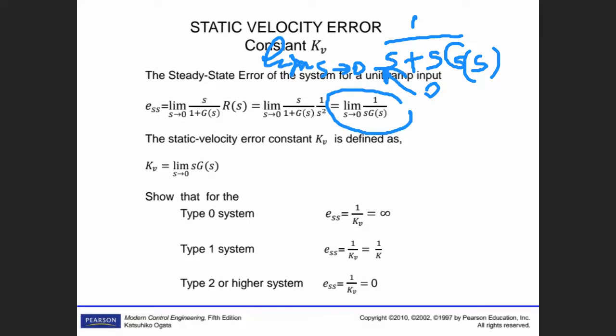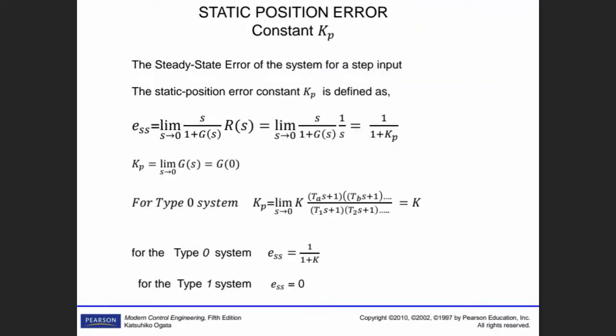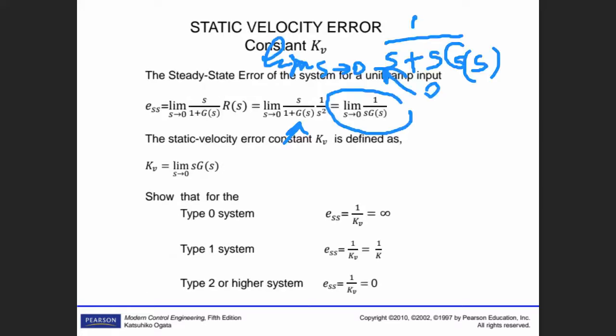Is it clear now? Since this one is equal to 1 over 1 plus G(s) times 1 over s squared, I'm talking about this equation, they call it velocity error. That is new for you. This one is a static position error, step response. That one is velocity error for ramp response.